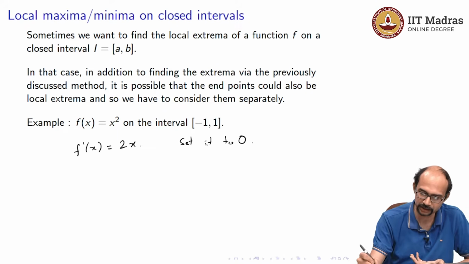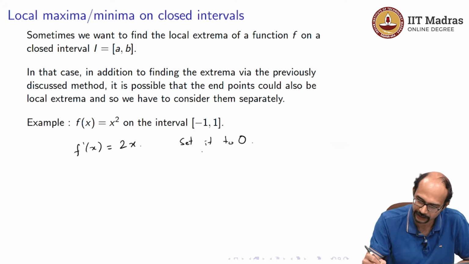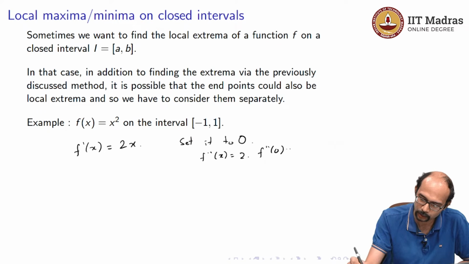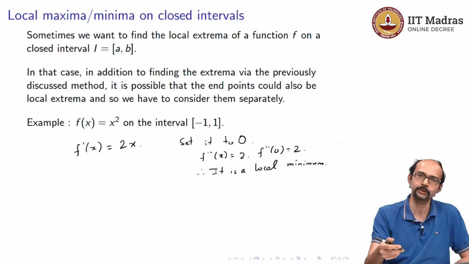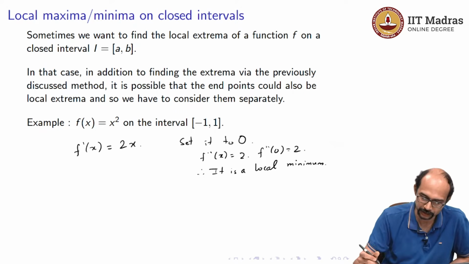I think it is clear, of course, that what is happening at 0 is a global minimum in fact. f double prime of x is 2, so f double prime of 0 is 2, therefore, it is a local minimum. In fact, it is a global minimum because we know how the graph of x squared is.